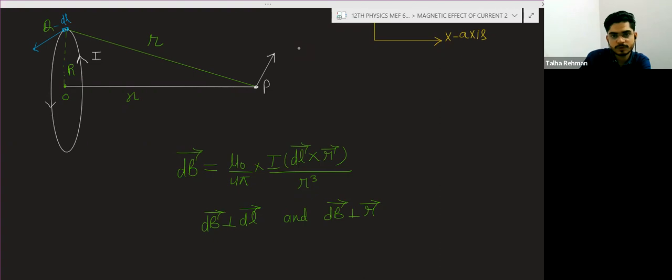So this will be your dB. I found this dB because it is perpendicular to this r.